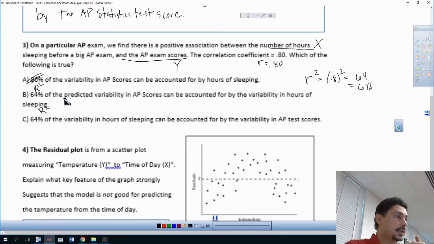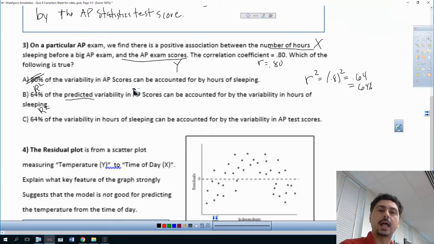So now this has the word predicted variability. That's very tricky, isn't it? The truth is, every time I've done these problems, we're talking about the actual variability in scores, because the predicted variability would be 100%. This seems kind of weird to you, but 100% of our model is correct when we talk about the actual line.